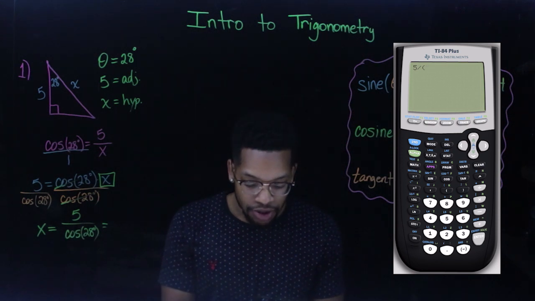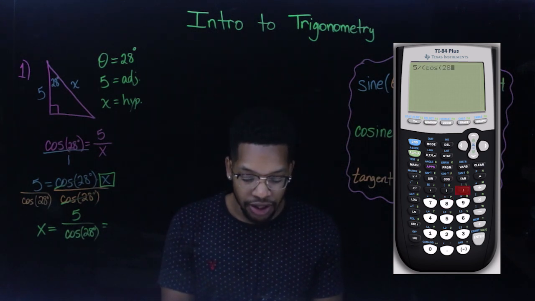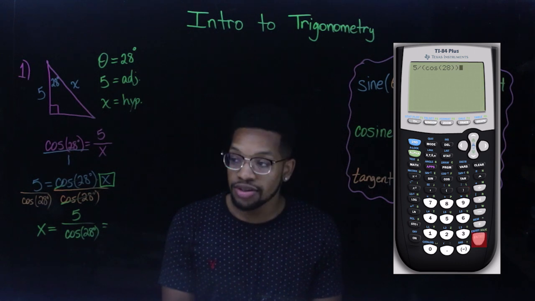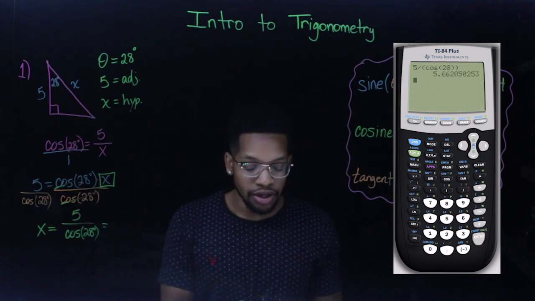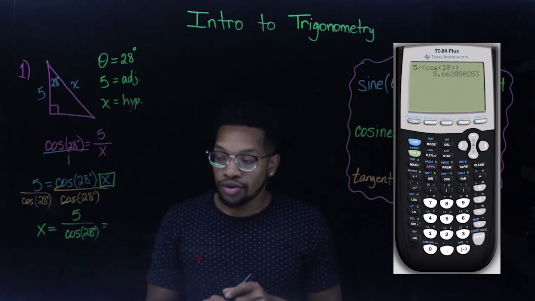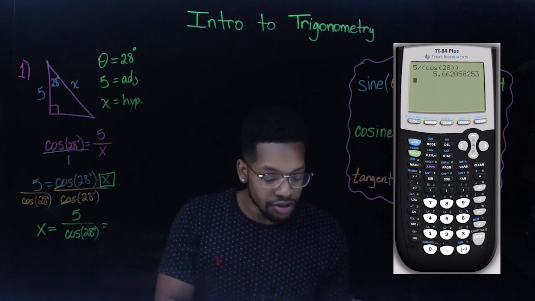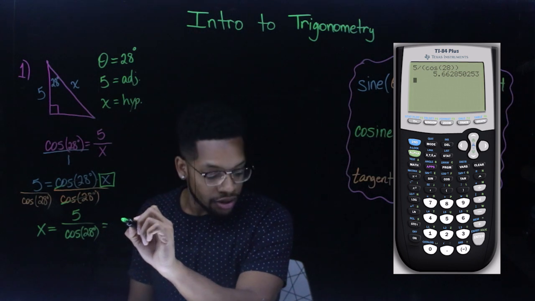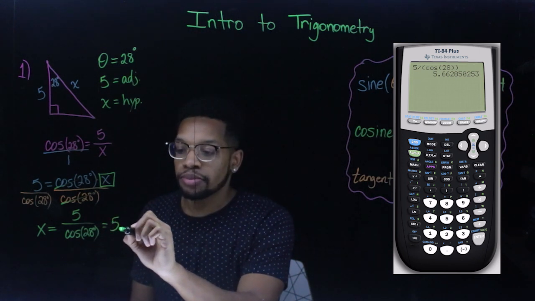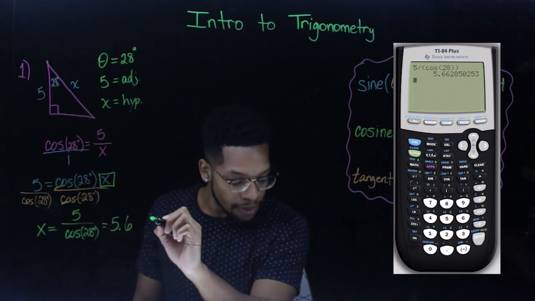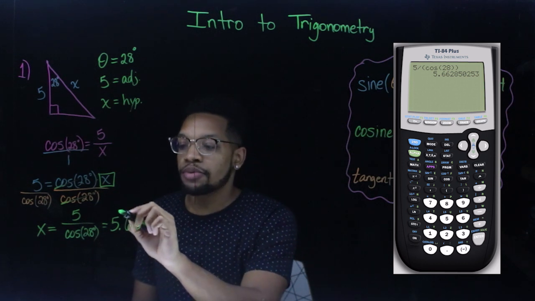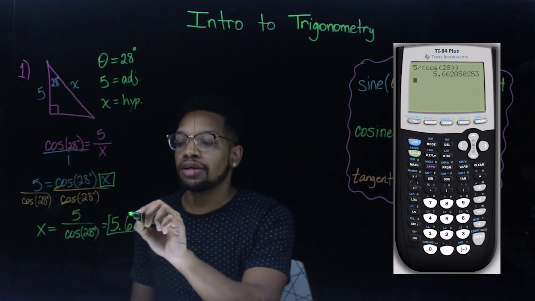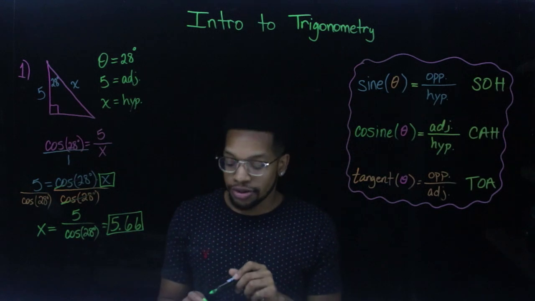So I'm gonna type cosine of 28, close parentheses, and then hit equal. And that's my answer. So they might tell you to round to the nearest 10th, nearest 100th or whatever. Depending on the problem, you'll round it differently, but I'm just gonna go with 5.66. And that's it, you're done.